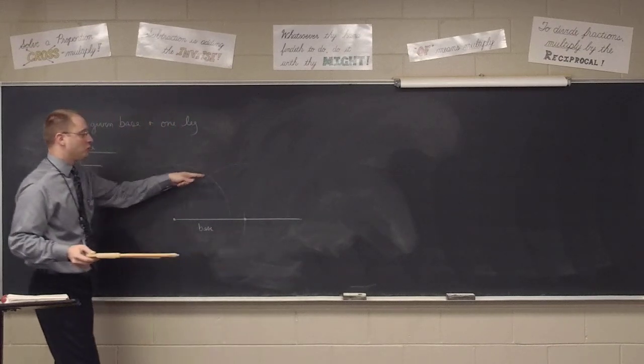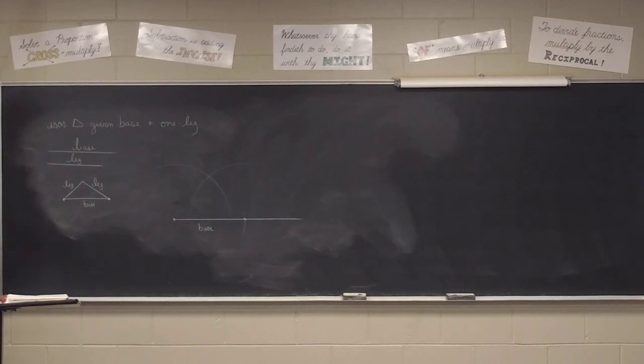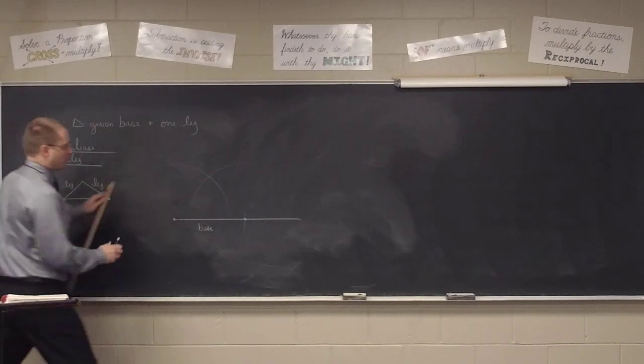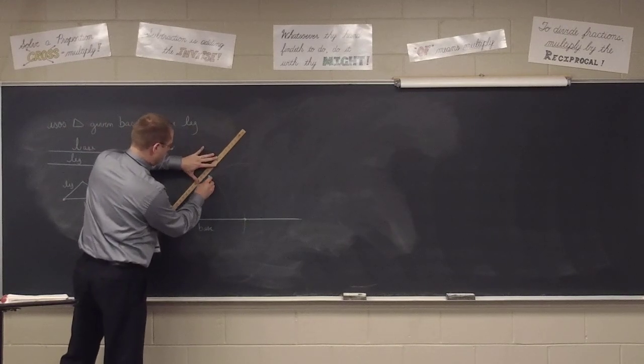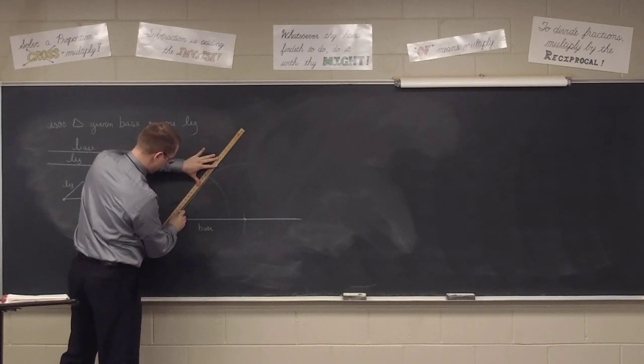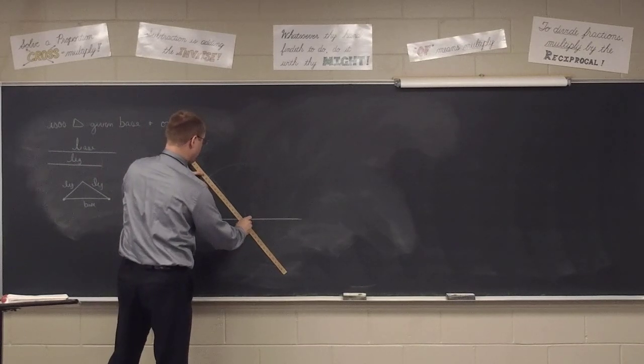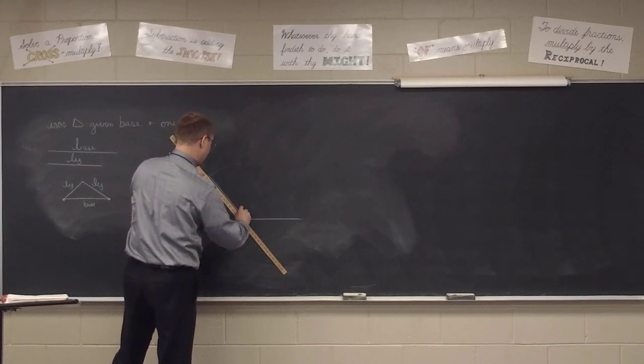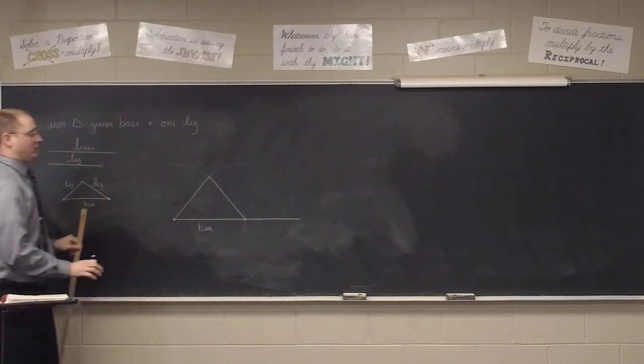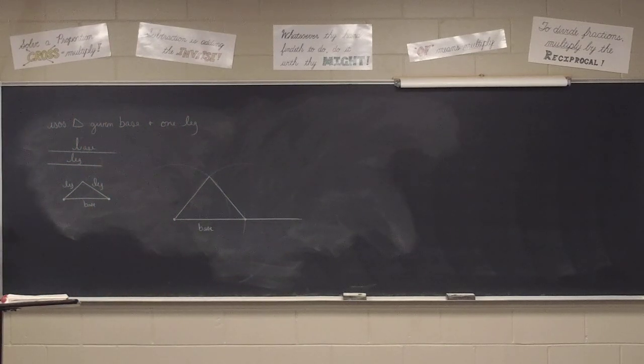And where the two loci intersect, class, that's where the vertex has to be. And so if you simply connect down, you've got your triangle. We didn't have to make up anything at all. Take full credit for that one.